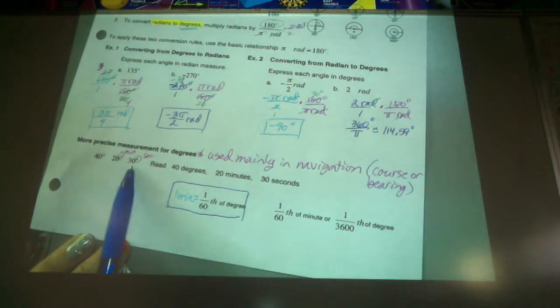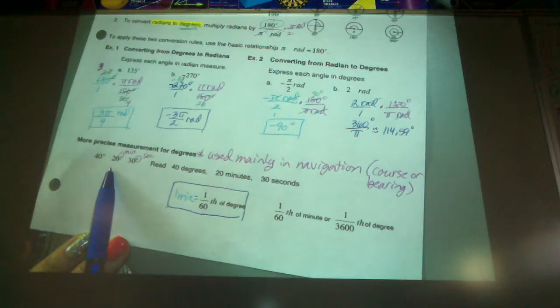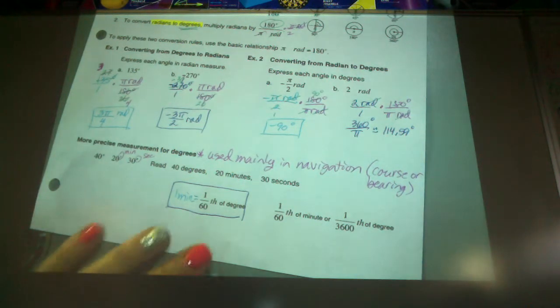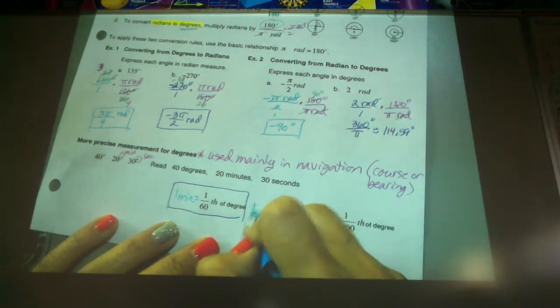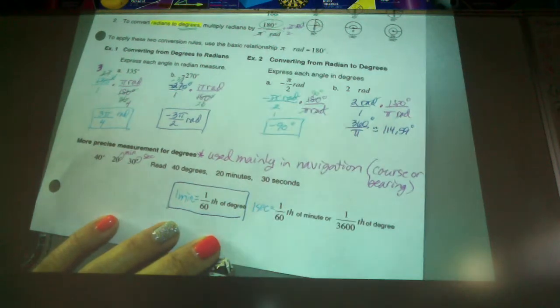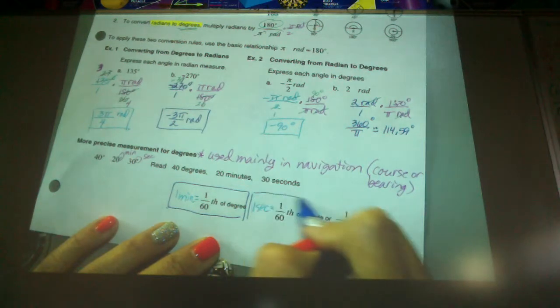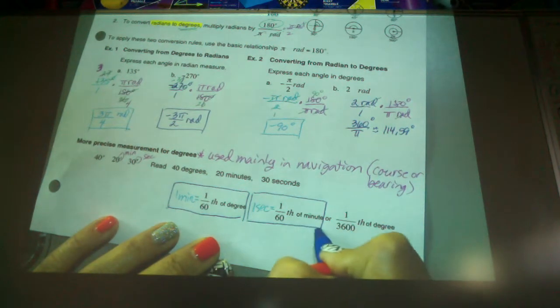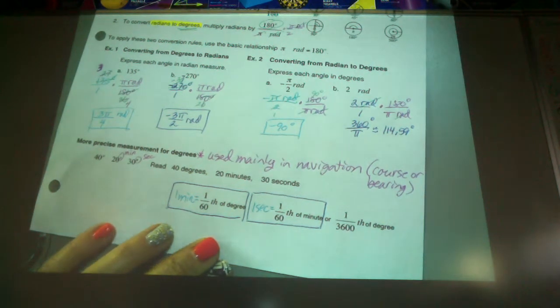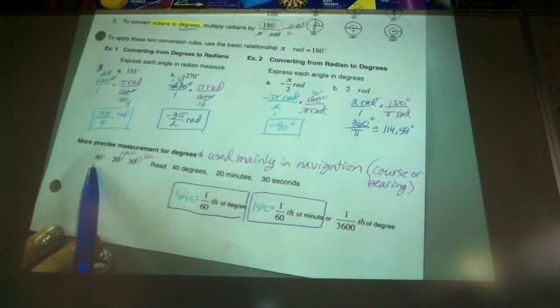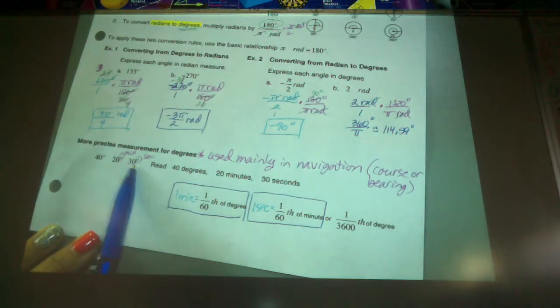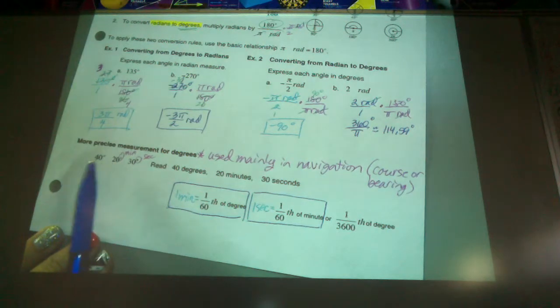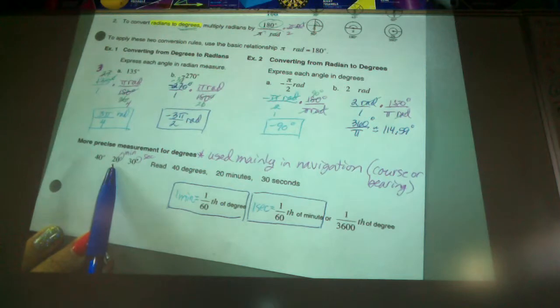Then there are 60 seconds in every minute. So that means that 1 second is exactly equal to 1/60th of a minute. So there's a conversion. Or we could convert seconds to degrees. If there are 60 seconds in a minute and 60 minutes in a degree, how many seconds are in 60 minutes? 3,600, so it's 60 times 60.